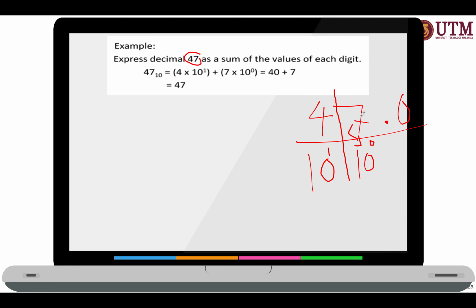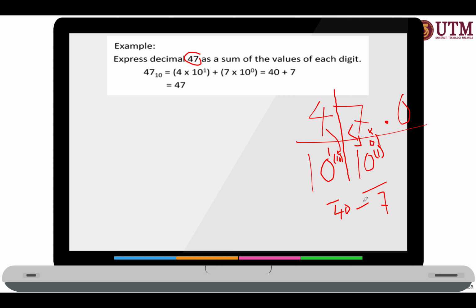Over here you have 7, so you multiply 7 with 10 to the power of 0. 10 to the power of 0 is 1, and 10 to the power of 1 is 10. So 7 multiplied by 1 you get 7, 4 multiplied by 10 you get 40.